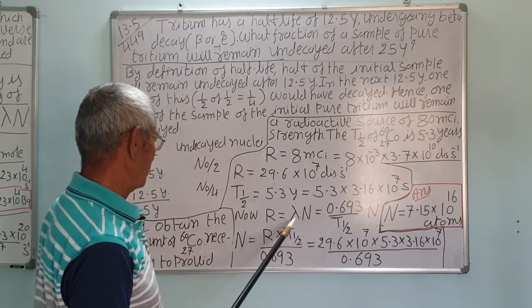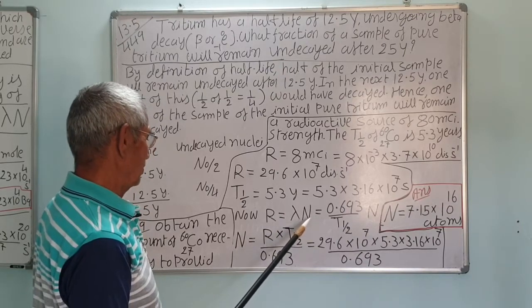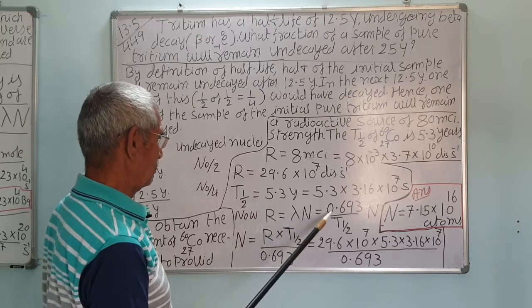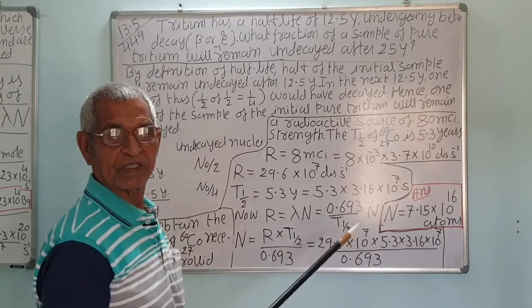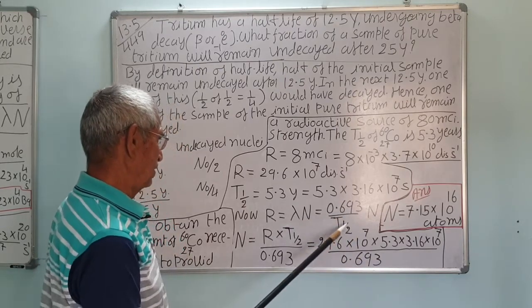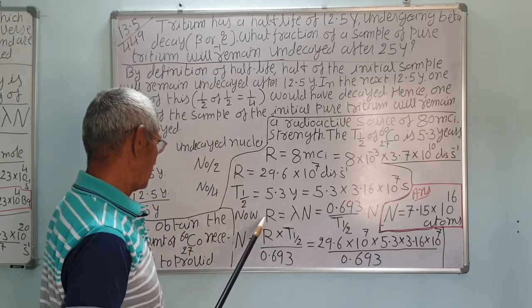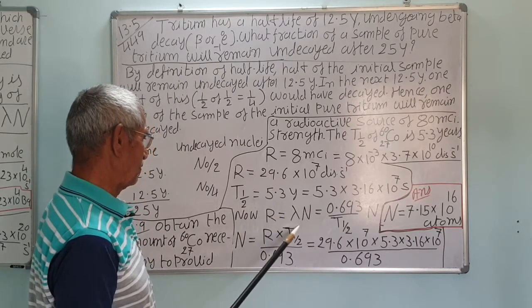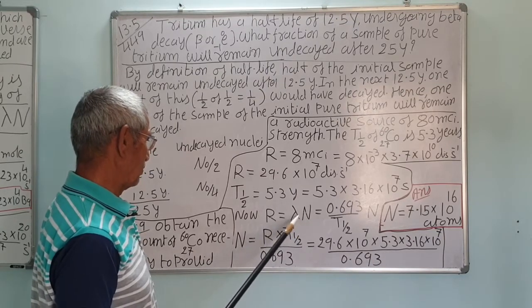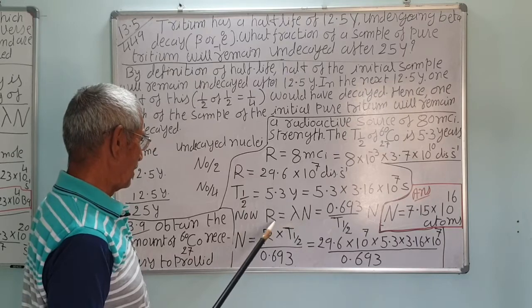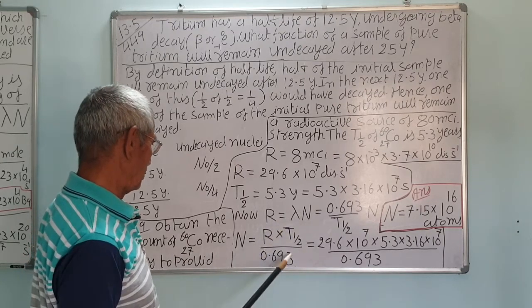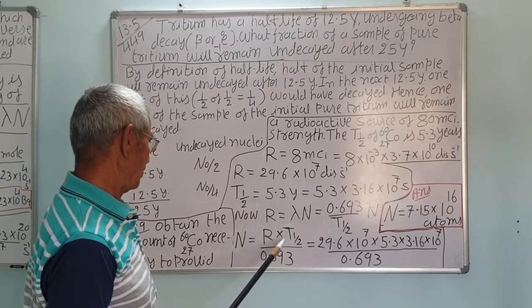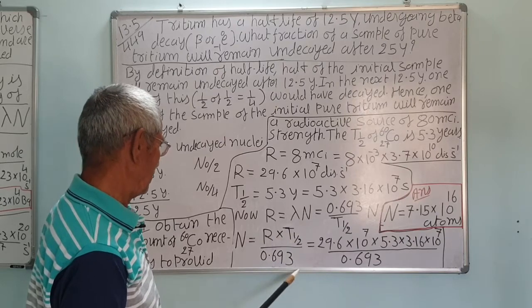Now R is equal to lambda N. We want N, so N is equal to R upon lambda. Lambda is 0.693 upon T half, so 1 upon lambda is T half upon 0.693.